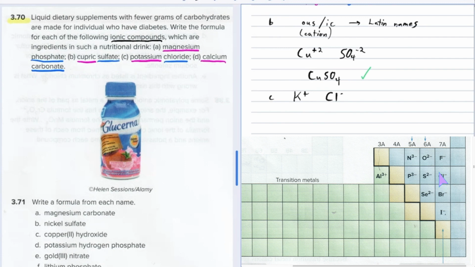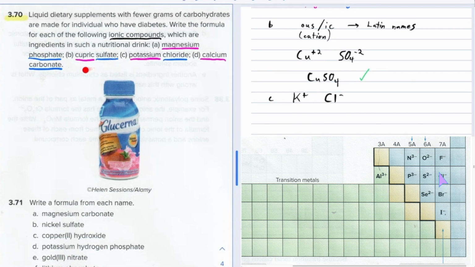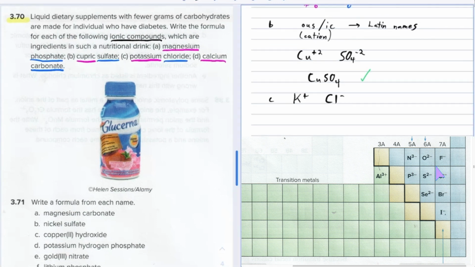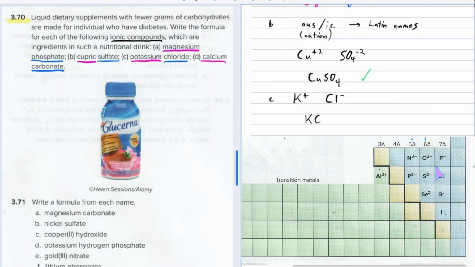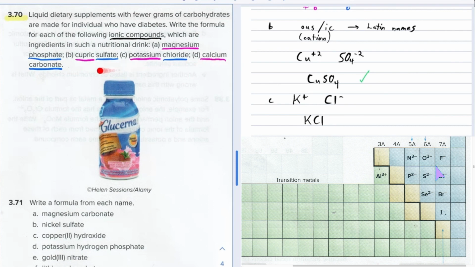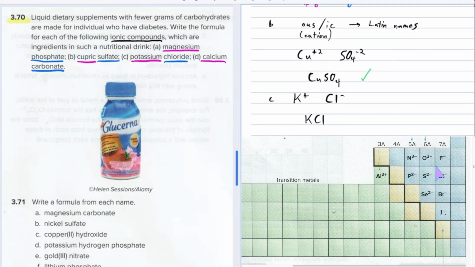Okay. You only have polyatomic anions when you see ate or ite in the name. But if it's just ide, it's just one of these guys. Okay, and you can see the charges balance, so that this is very simple. KCl, potassium chloride. And then last one is calcium carbonate. You see that ate? Okay, so calcium carbonate.